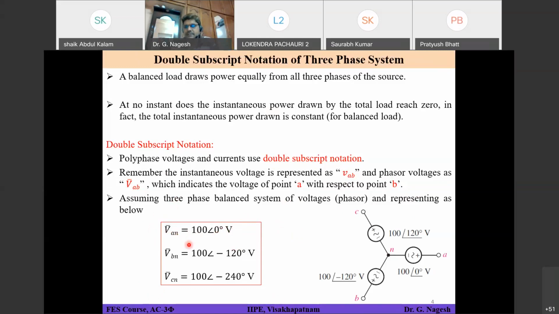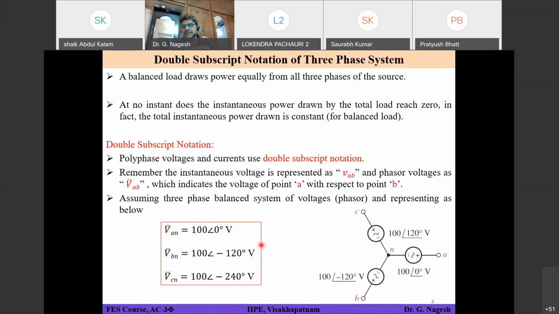Previously we have seen VA as Vm sine of omega t plus 0 degrees, so Vm is equal to 100. So VAN is equal to 100 at an angle of 0 degrees. It is a simple phasor representation of the equivalent time domain function.